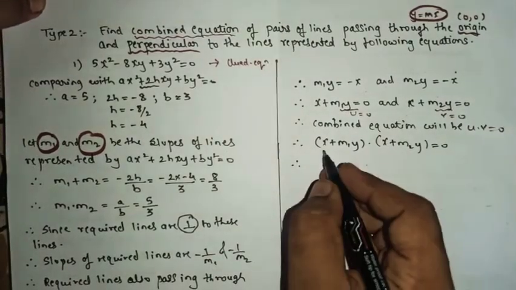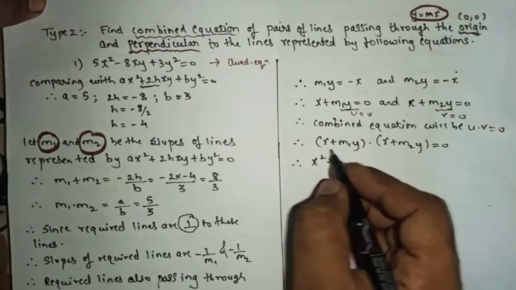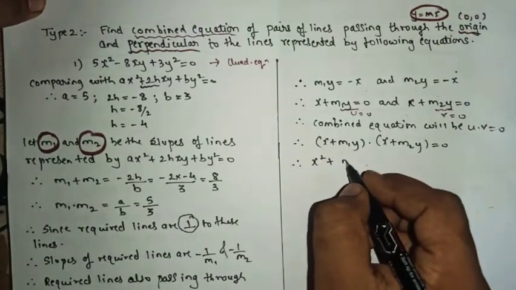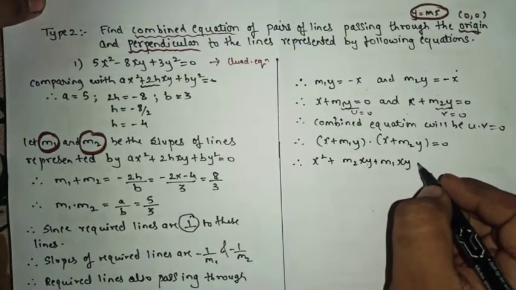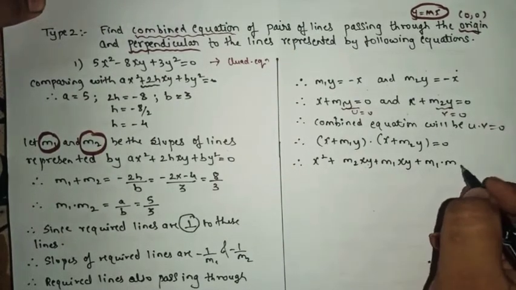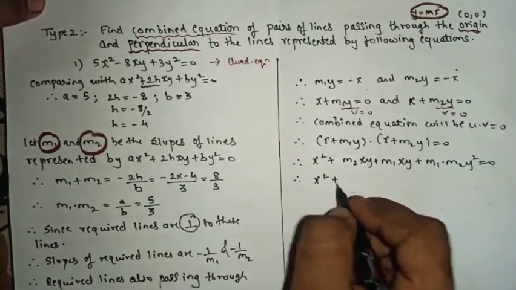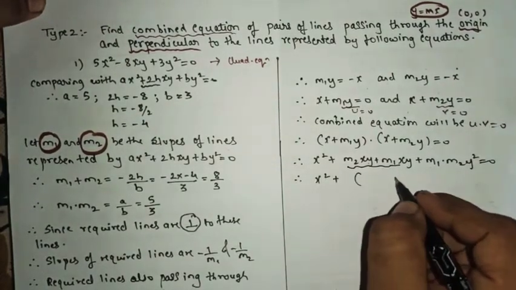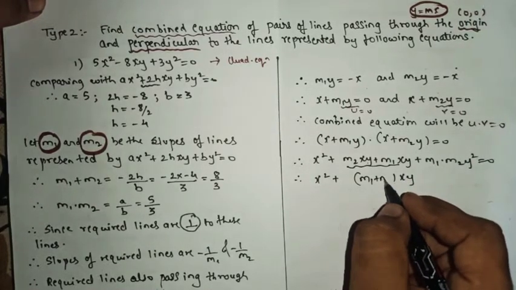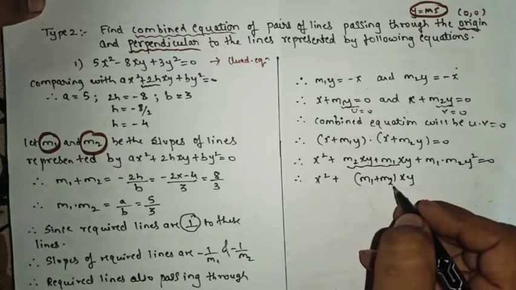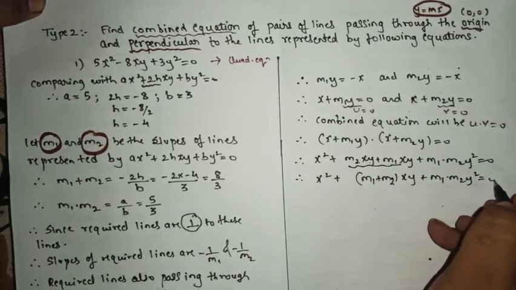So bracket open, what we'll get? x into x is x square. Again bracket open with x, so what we'll get? m2xy, this will be m1xy, plus m1 m2 y square equal to 0. So x square, we know that xy is common, so we're left with m2 plus m1, so we can write as m1 plus m2 also, plus m1 m2 y square, we'll keep as it is.